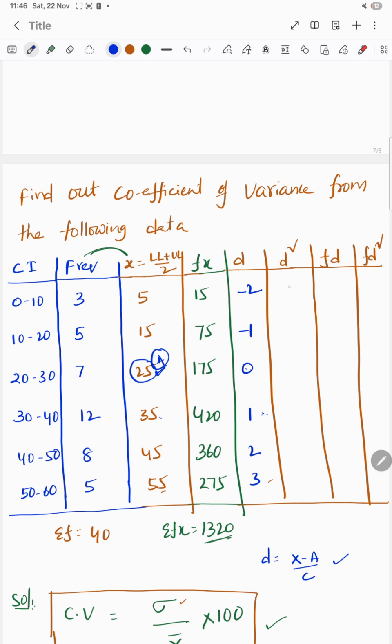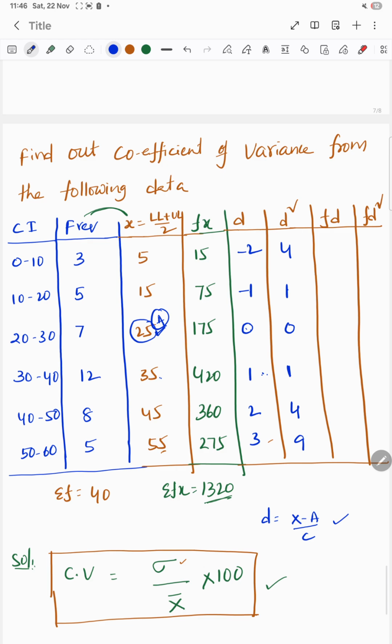Now d square is minus 2 square 4, minus 1 square 1, 0, 1 square 1, 2 square 4, 3 square 9. Now f into d. We multiply these frequencies with d values. This means 3 into minus 2, minus 6, 5 into minus 1, minus 5, 7 into 0, 0, 12 into 1, 12, 8 into 2, 16, and 5 into 3, 15.